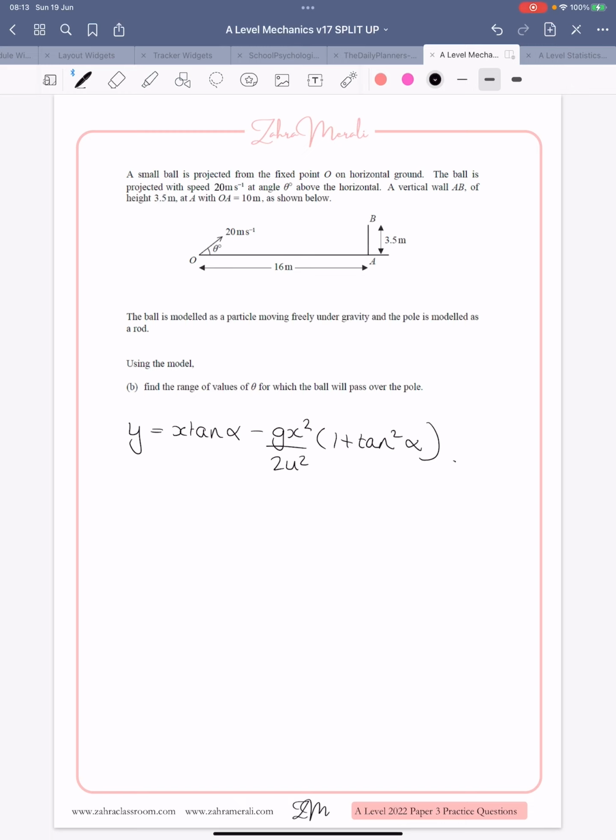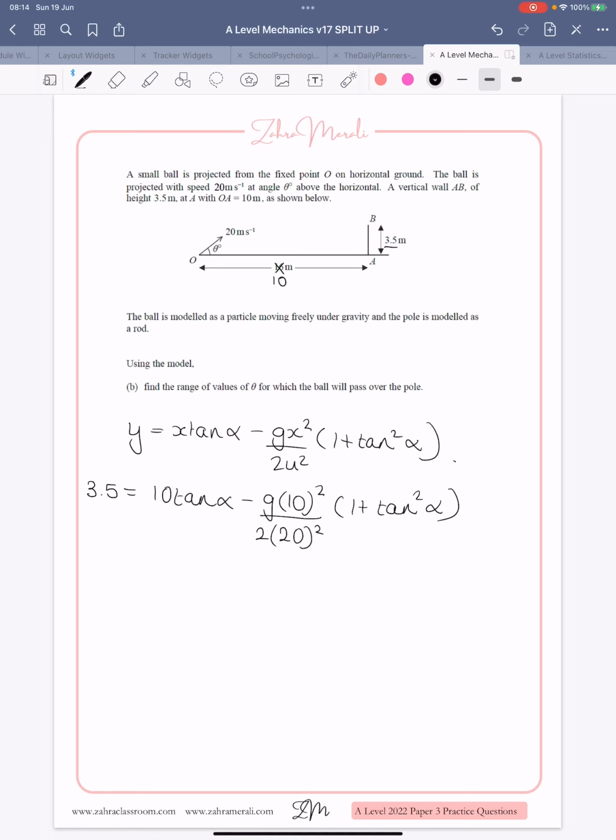Right, and this should be 10. I think it wasn't changed when we did the question. All right, so we're going to substitute in the values. We can use our y as 3.5, our x as 10, and we're trying to find alpha. So minus g, 10 squared, it tells us u is 20, 1 plus tan squared alpha.